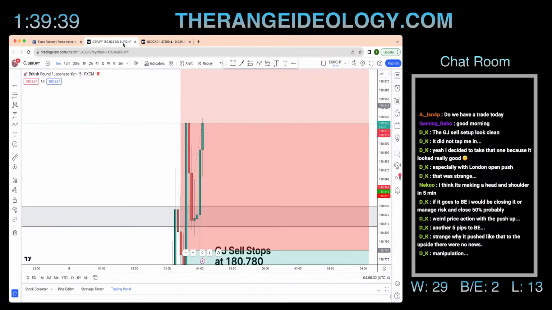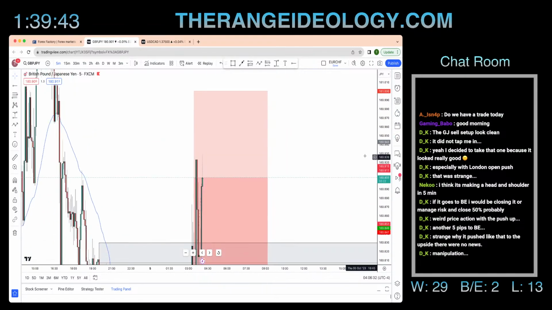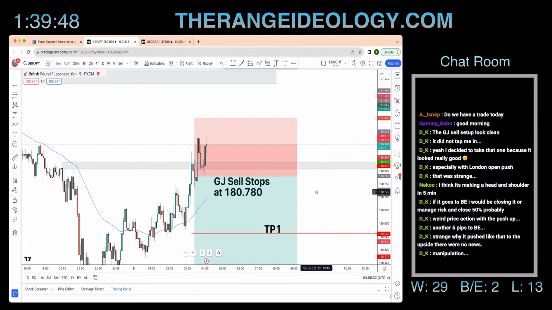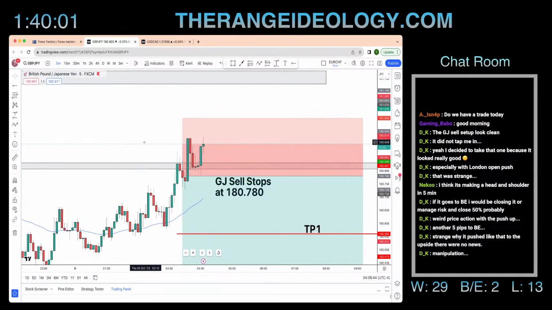Let's see. But GJ has a full bullish push here right now. If this candle doesn't come down, then we will be stopped out here. But again, you can see this is the consolidation zone right now, but a break above, and we hit stop loss.